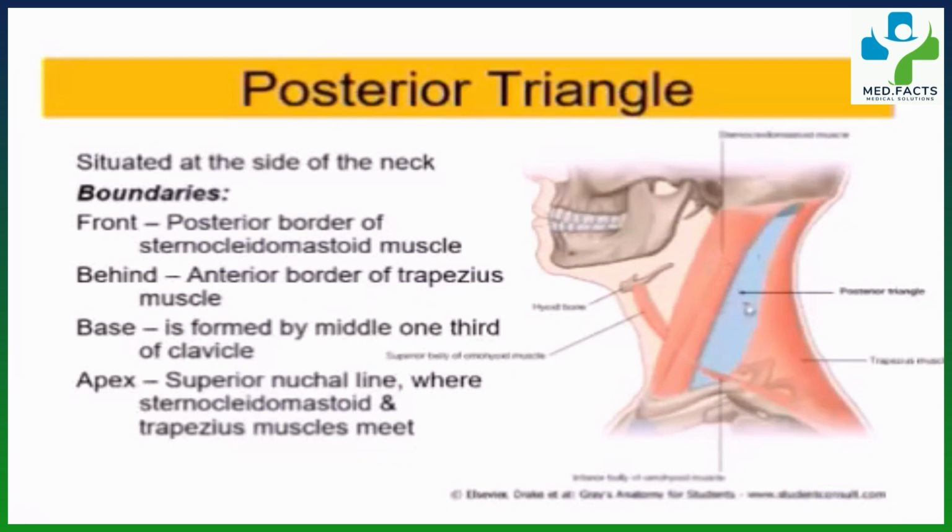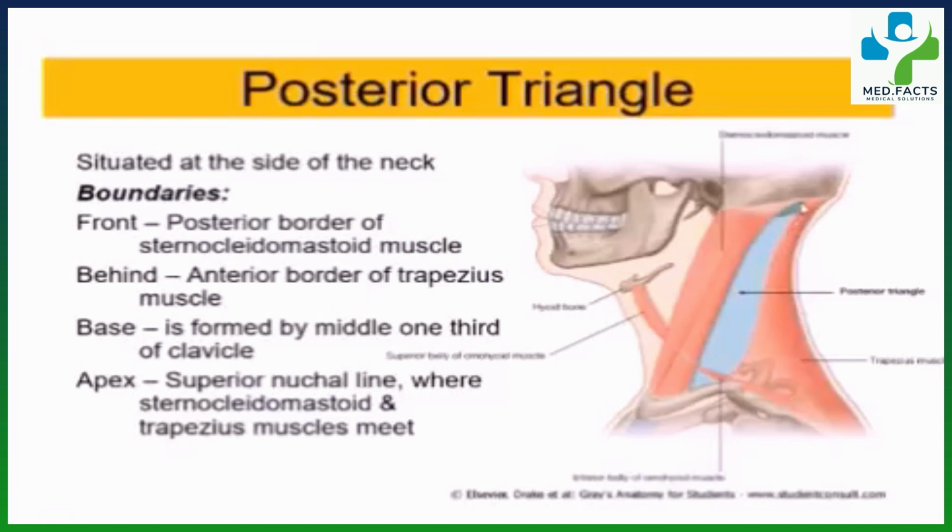This is the area which is present behind the sternocleidomastoid muscle. Anteriorly we have this muscle, the sternocleidomastoid, and its posterior border will form the anterior boundary. Posteriorly we have the trapezius, so the anterior border of the trapezius will form the posterior boundary, and inferiorly we have the clavicle, which forms the base of this triangle.